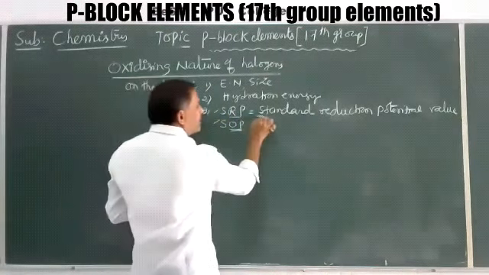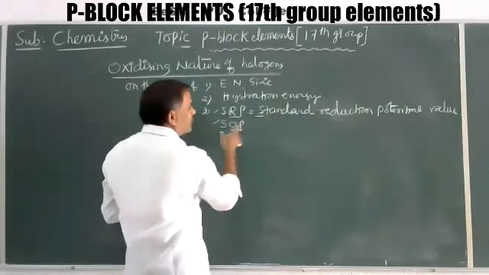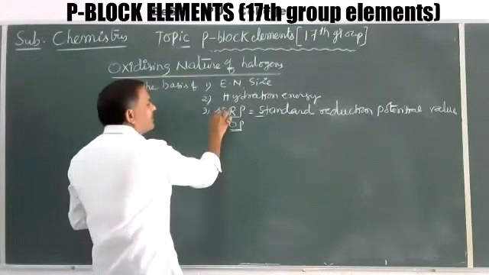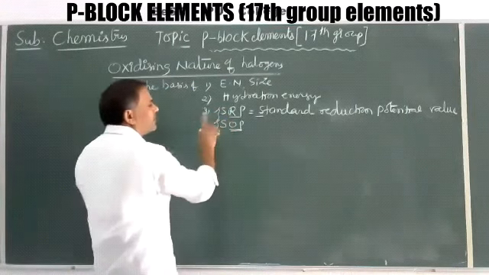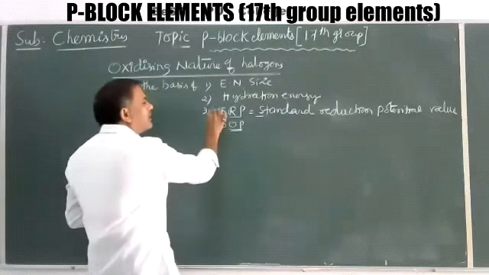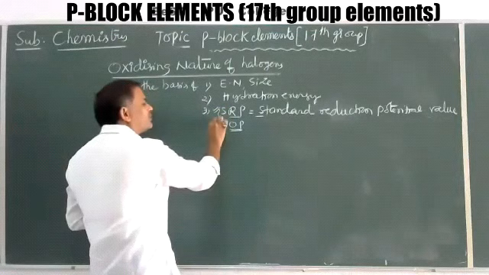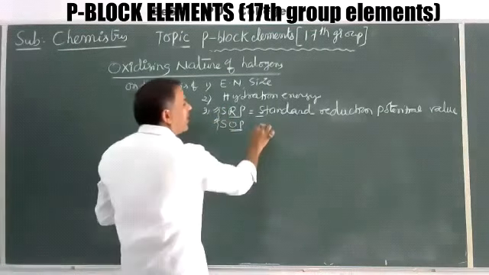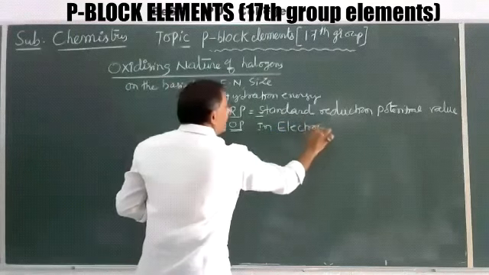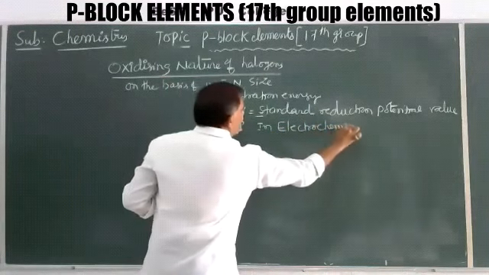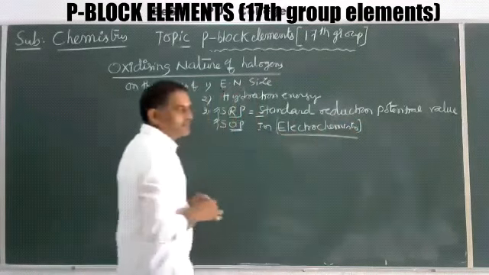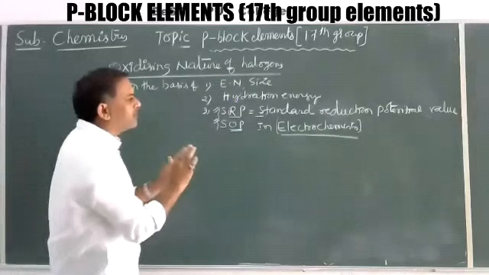S stands for standard, R for reduction, O for oxidation. Similarly, reduction and oxidation potentials have the same values, just the sign differs. How to calculate these SRP or SOP values, we'll explain in electrochemistry in second year. In electrochemistry, I'll explain the physical concept. Don't bother about these SRP values for now. I'll just give a simple clue about this.